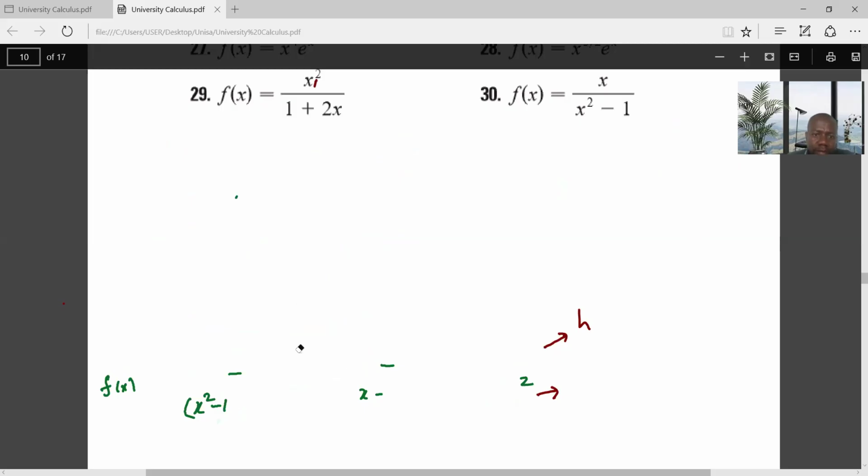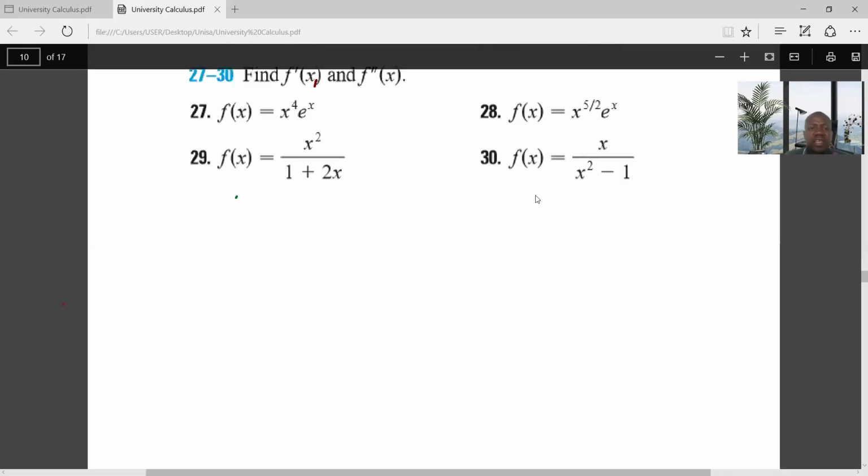You can even try 29 and 28 on your own, particularly on the first derivative. You can try 28 and 29 and confirm your answer. So I believe this could be your activity.